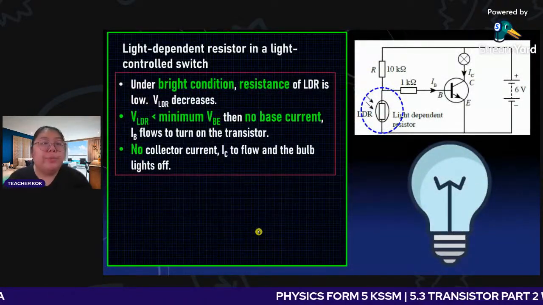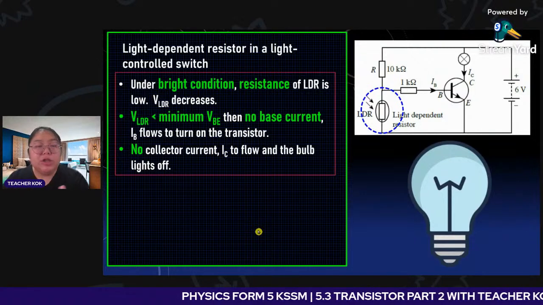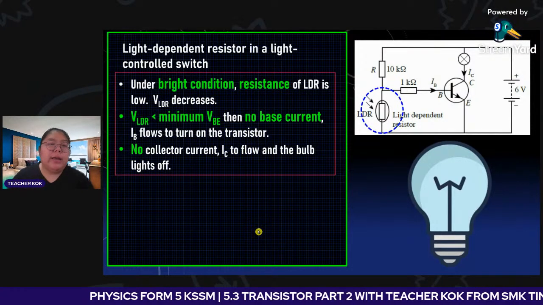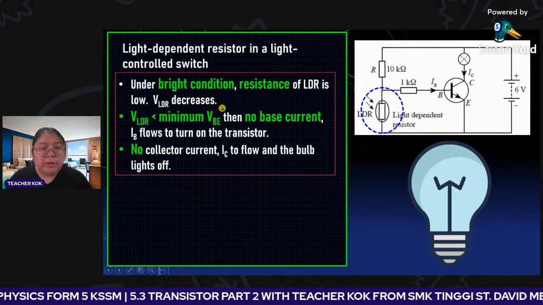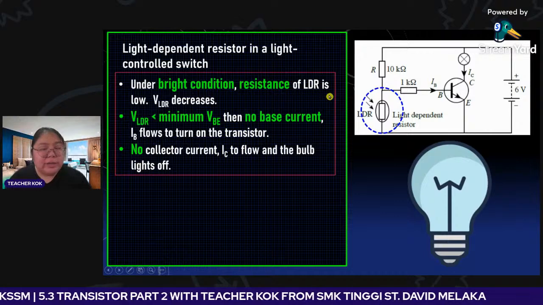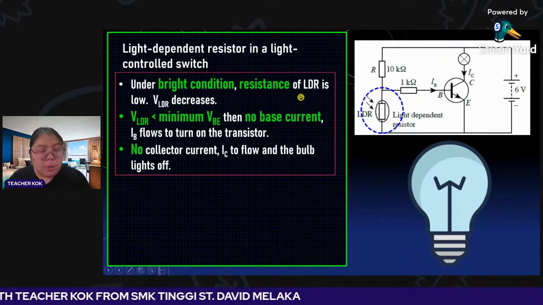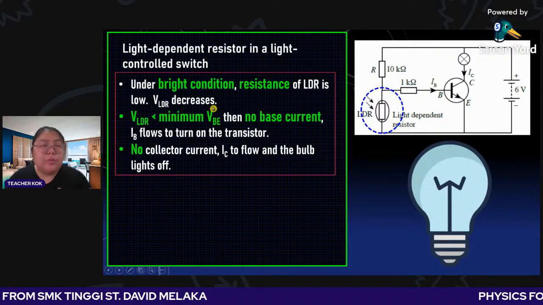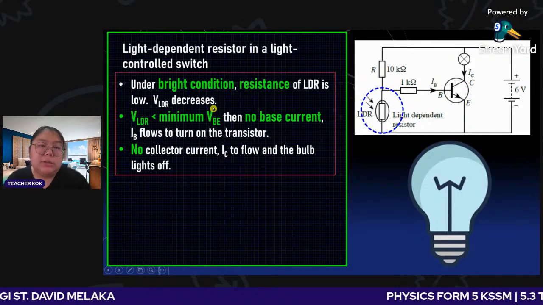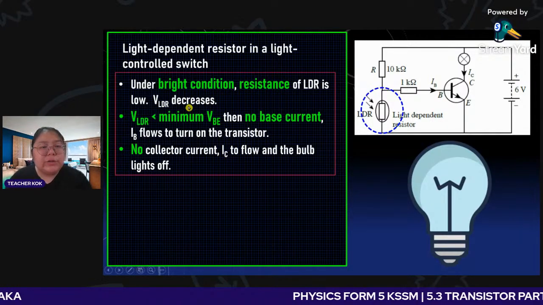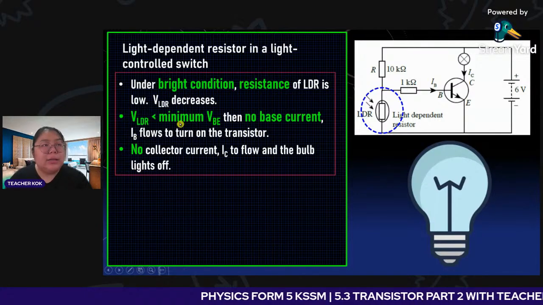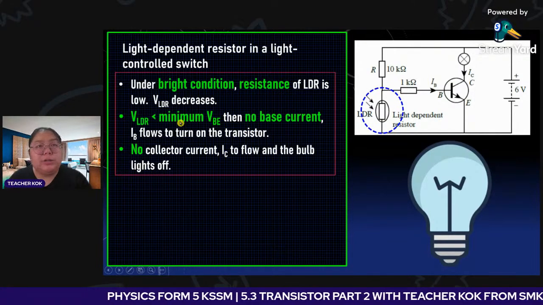Okay, so we go through another situation. During the bright condition, meaning during the morning, the resistance of the LDR is low. This is a characteristic. So the voltage decreases, which means it is smaller than the junction voltage.